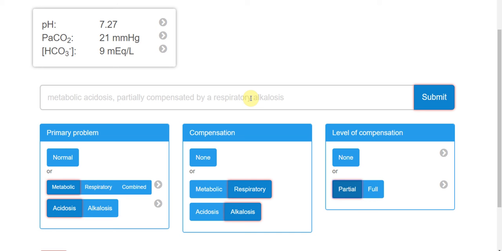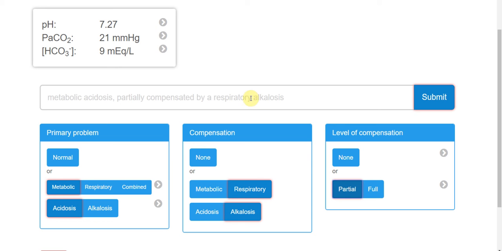So this is a metabolic acidosis because we have our kidney problem. Bicarbonate is low, which means acidic. And bicarb is low because it is binding so much with all the other acids. So this is low, and pH is low, being that it's acidic, so we know it's a metabolic acidosis.